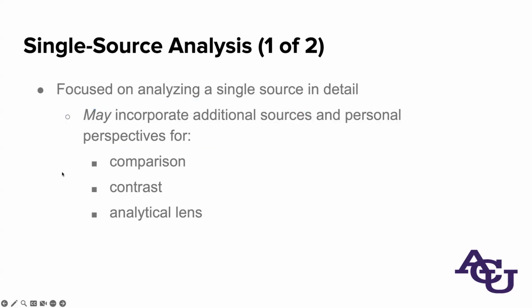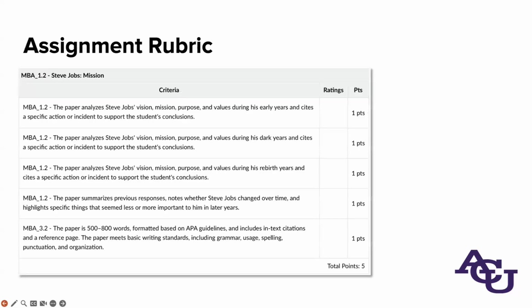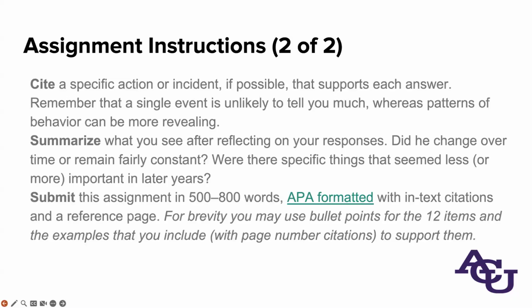No, I like how in the summary portion of the assignment description, it gives you specific questions to answer, because you can use those questions to turn it around for your response when you're writing. Did he change over time or remain fairly consistent?